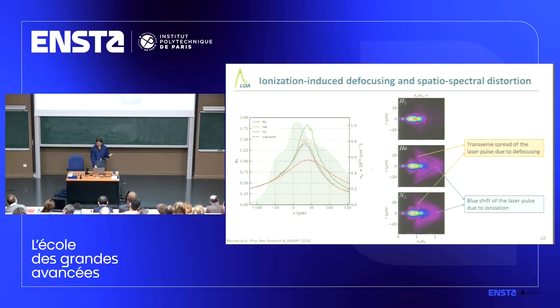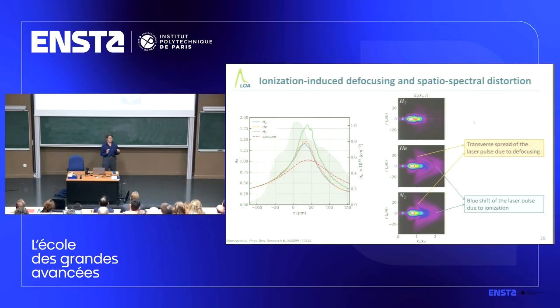We can also have a look at the spatiospectral spectrum of the laser. So here you see the spatially resolved spectrum at this position. So electrons have already been injected, acceleration already started. And you see it for the three gases, hydrogen, helium, and nitrogen.